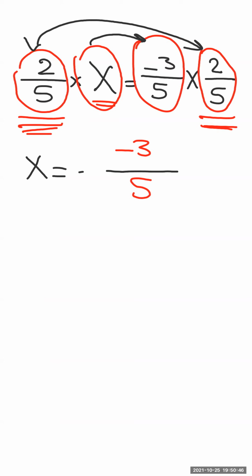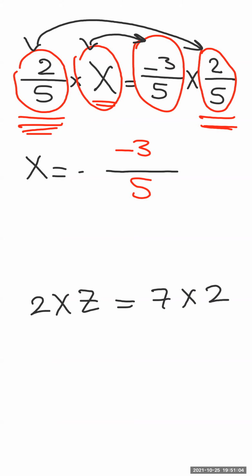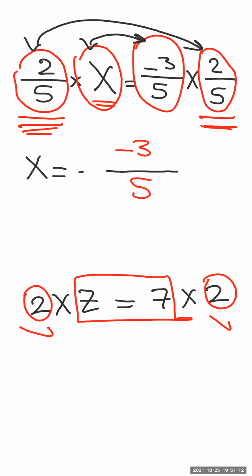Like that, if 2 times z equals 7 times 2, then this is 2 and this one is 2, so z equals 7, of course.